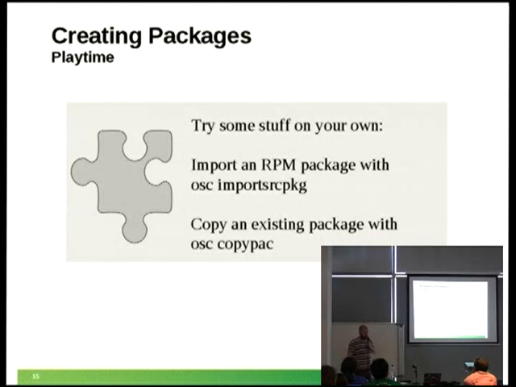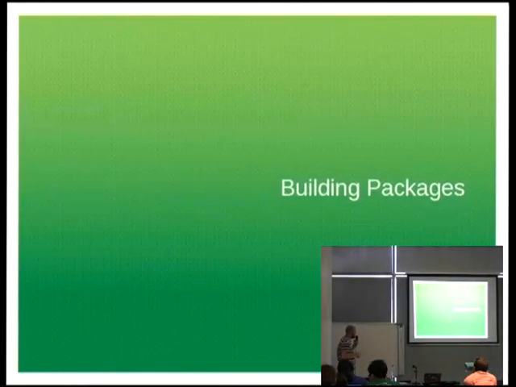Or there are like 30 million packages on the build service already, so somebody most likely has already packaged the stuff that you want. So you can also copy existing packages with osc copypac. So this is some stuff that you can do with osc.